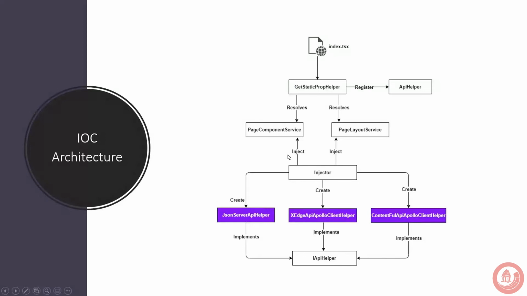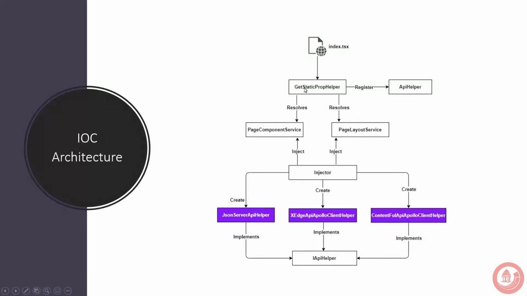The one dependency injection framework available for TypeScript is called tsyringe. So I have used tsyringe to build the dependency injection. Basically, tsyringe has an injector, and we'll take a look at this code in a bit.